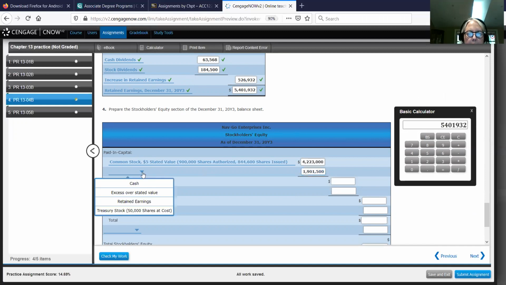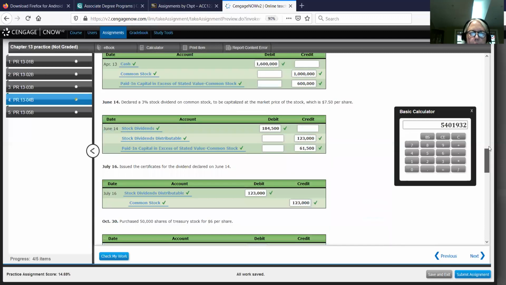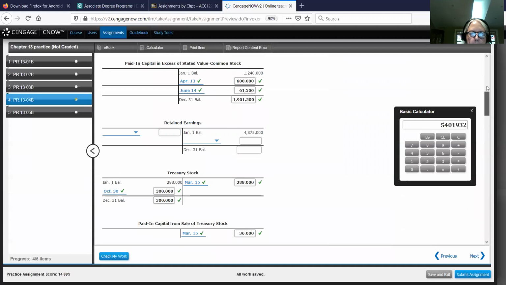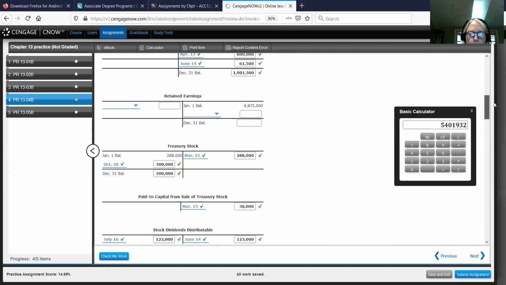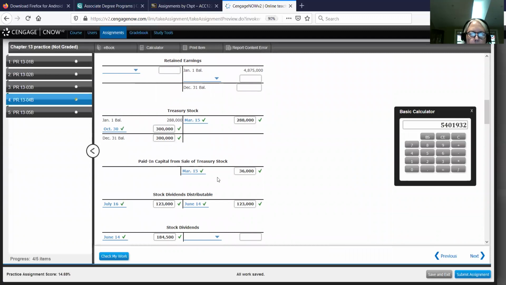And that was the additional paid-in capital in excess of stated value. Also, we would pick up our paid-in capital from the sale of treasury stock.